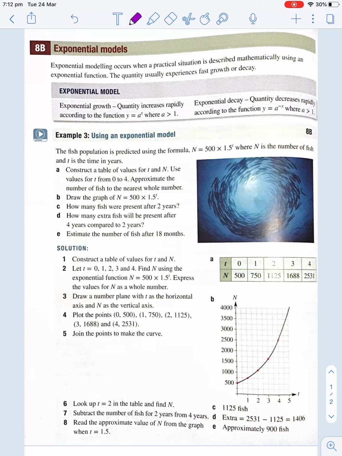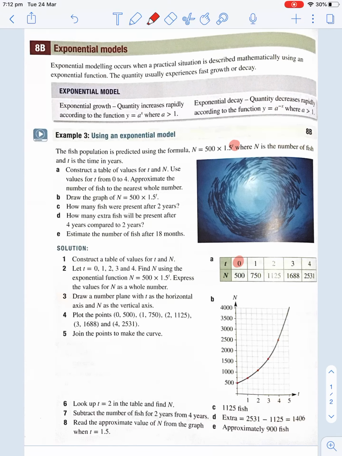When you're figuring out your values of n, you are just putting these values of t up here into this equation. For the first one, we want our t to be 0, so this t right here is going to change to 0.